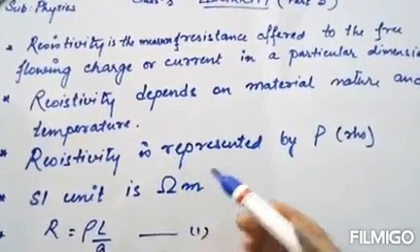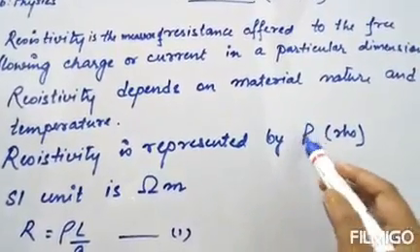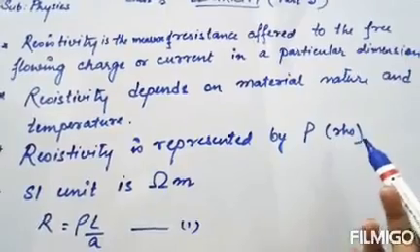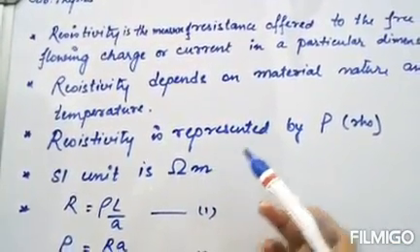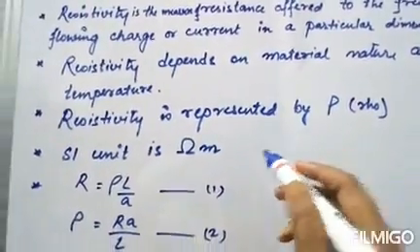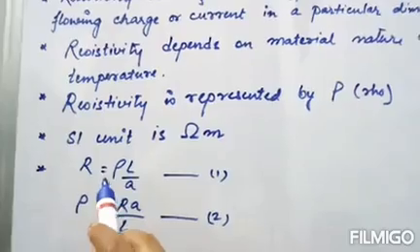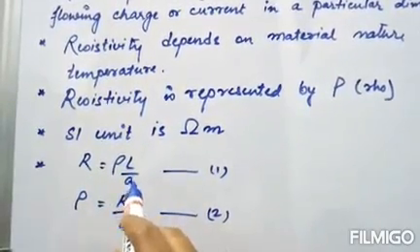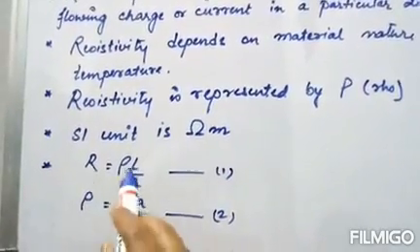Resistivity is measured by rho, and it is written like the letter P. It is spelled and pronounced as rho. SI unit is ohm meter, and I have shown you how it comes as ohm meter. Next, we know that resistance is equal to rho into L by A, and from there we can derive what is rho.